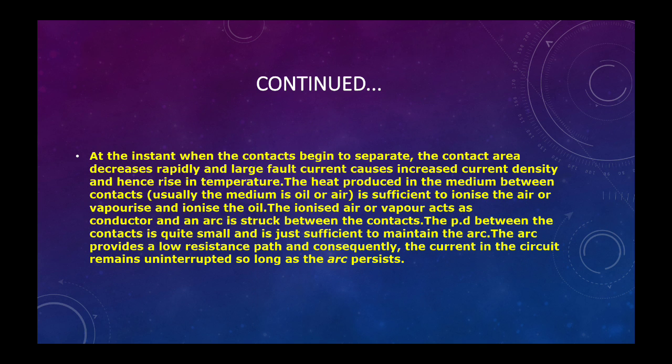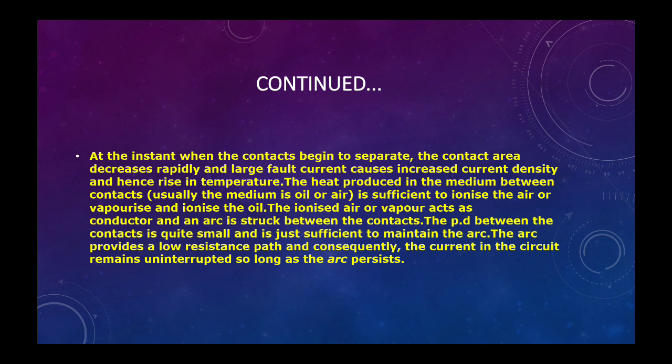Now, at the instant when the contacts are separated, that means at the instant when the fixed contact is separated from the moving contact, the contact area decreases rapidly and the large fault current increases the current density, hence a rise in temperature.